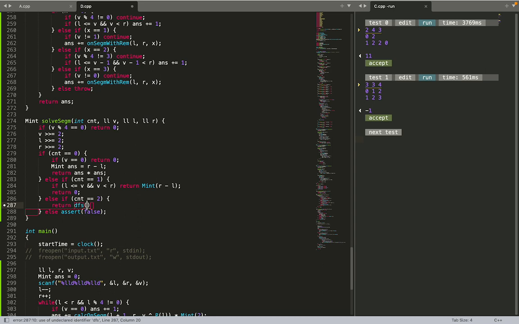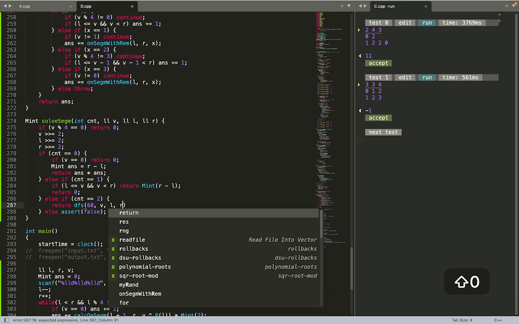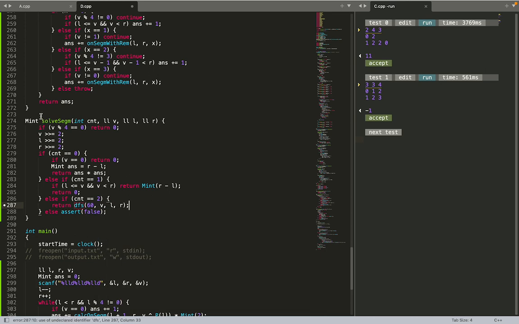I guess I only need what is my height? And these numbers, sure.